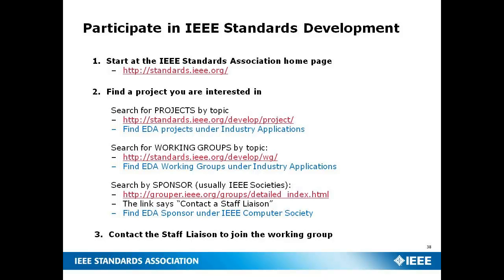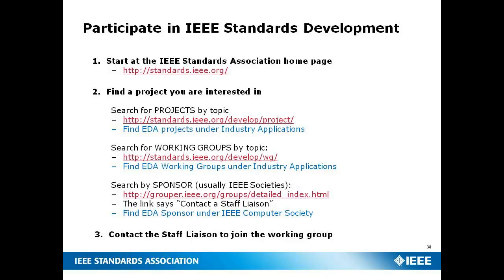Then search for a project you're interested in. You can search for projects by project. In this case, for EDA projects, you would look under industry applications. You could also search for topics by working groups.